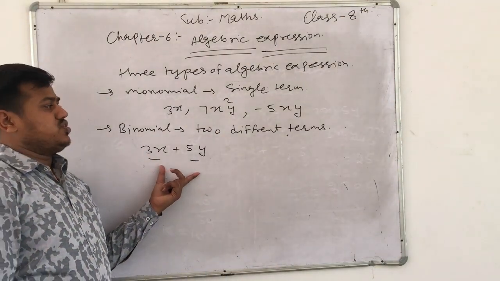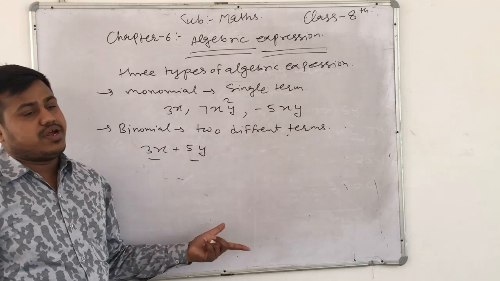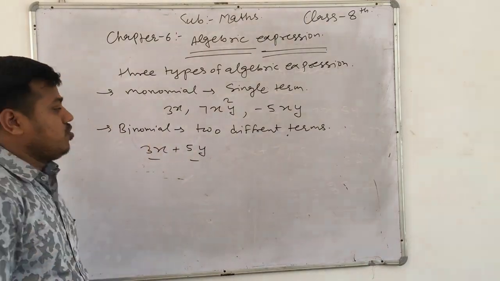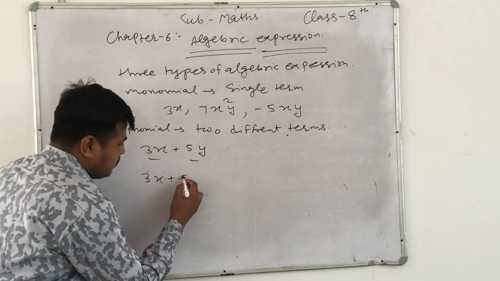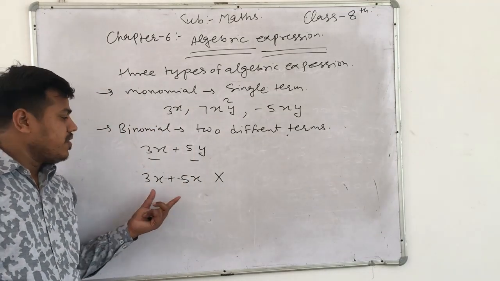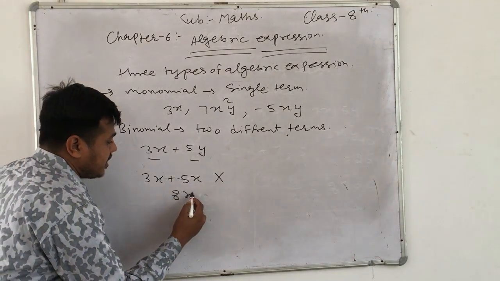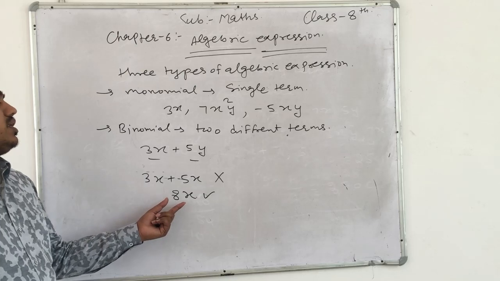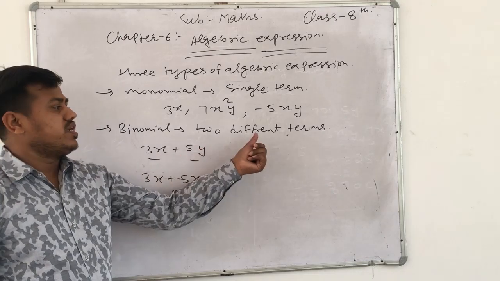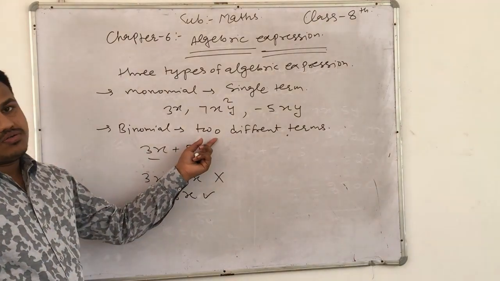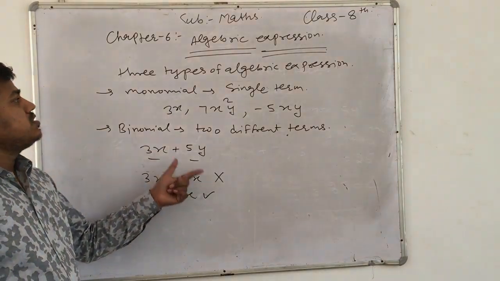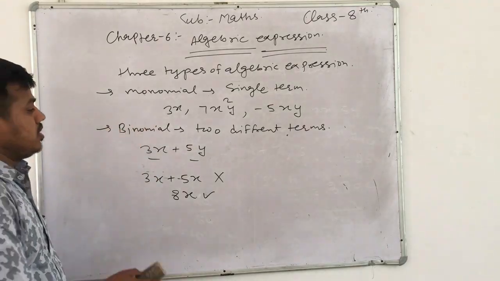The algebraic expression in which there are two unlike terms, or different terms, is known as binomial. 3x plus 5x is not a binomial because 3x and 5x are like terms, and 3x plus 5x we can write as 8x, so this is a monomial because it contains a single term. So if there are two unlike or different terms, the name is binomial. Same terms, like terms, it is not a binomial, it is a monomial.